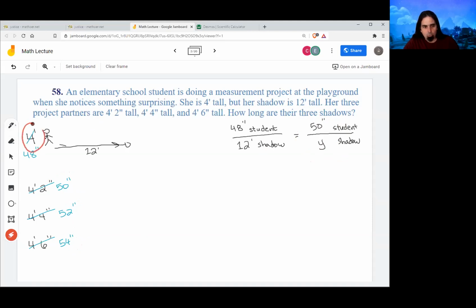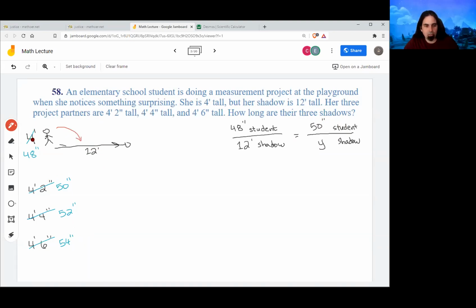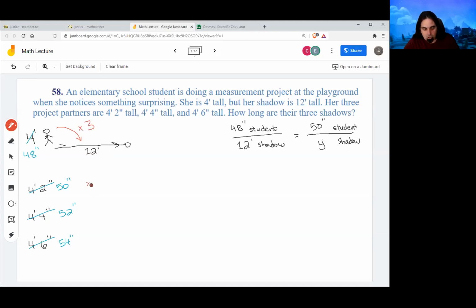How do I get from 4 feet to 12 feet? You multiply. Times 3, right? So I can just take all of these and do a times 3. I'm noticing that however tall the student is, the shadow is 3 times as long.